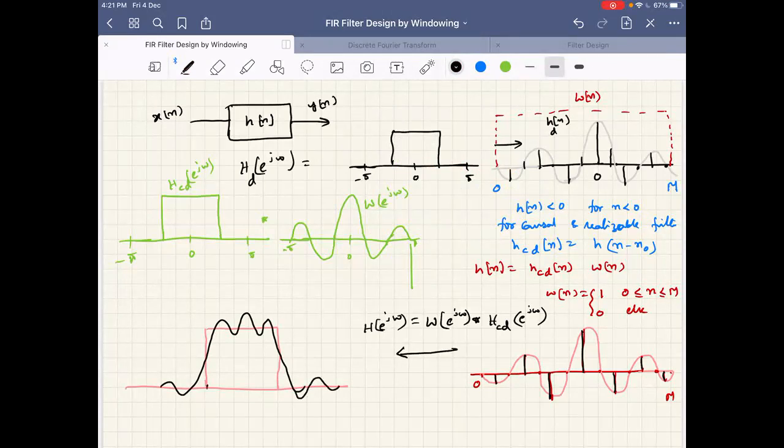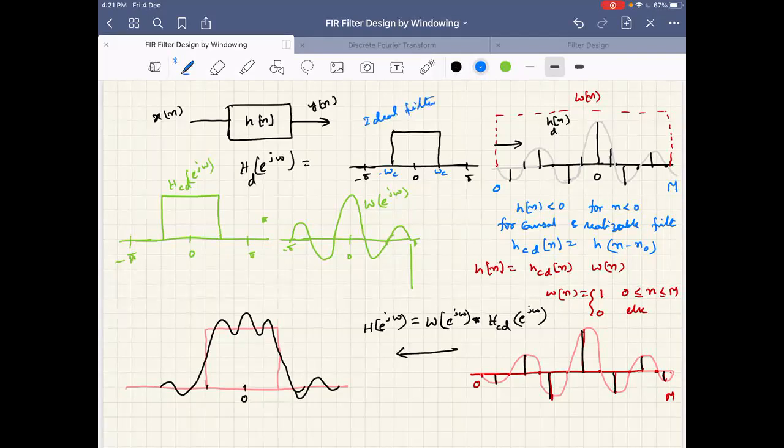And as we said, the practical filter is not just defined by the cutoff frequency, like in the ideal filter. This is the ideal filter.